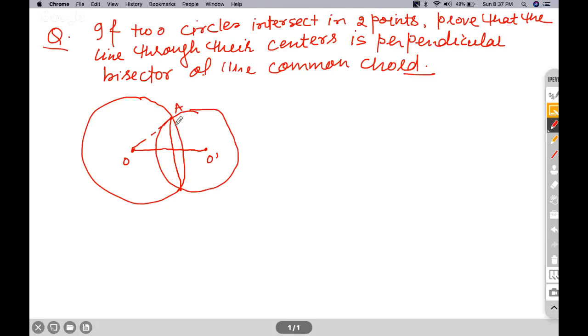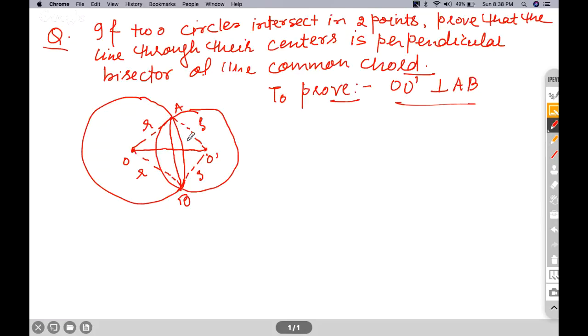This is A and this is B, and this is radius R, and this is radius S. So I have to prove that OO dash is perpendicular to AB. This is what I have to prove.